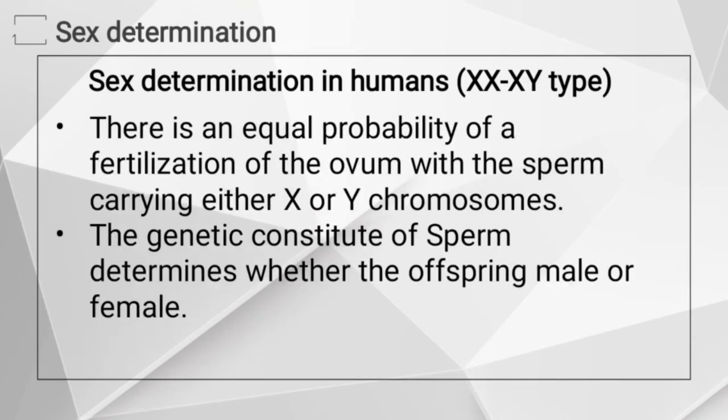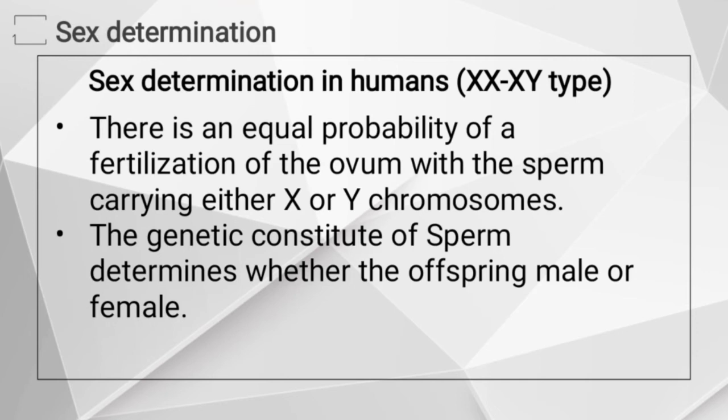There is an equal probability of fertilization of the ovum with a sperm carrying either X or Y chromosome. That means the genetic constituent of a sperm determines whether the offspring is male or female.